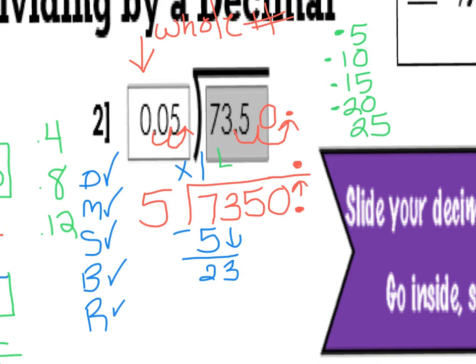So I'm going to put a 4 above the 3. I just divided. Now I'm going to multiply. 5 times 4 is 20. I now need to follow my next step, subtract. 3 minus 0 is 3. 2 minus 2 is 0. And then bring down.